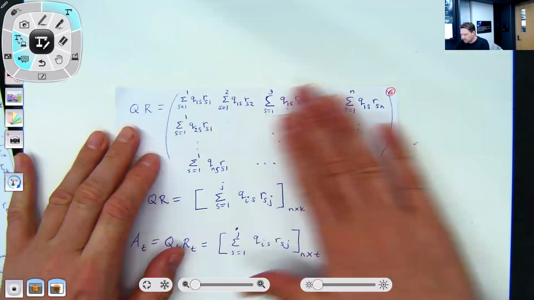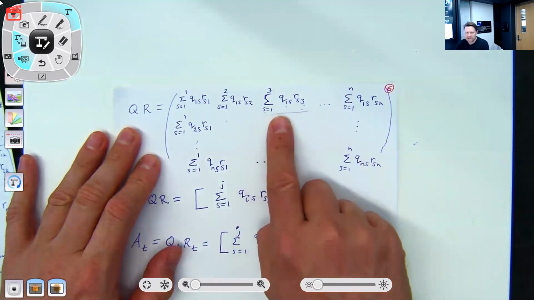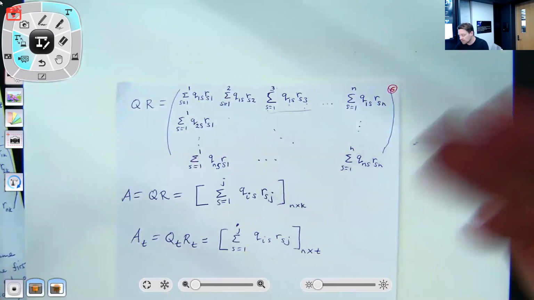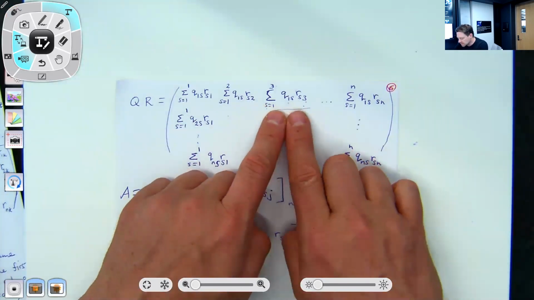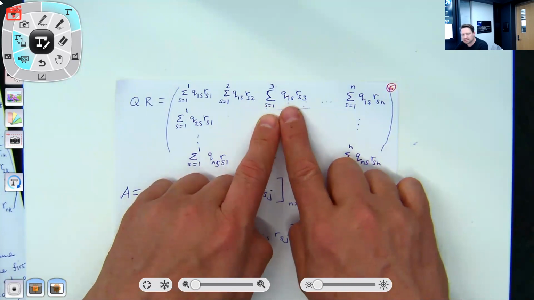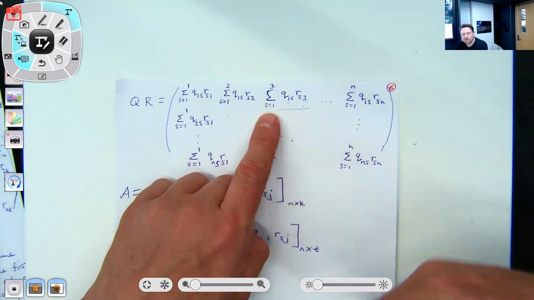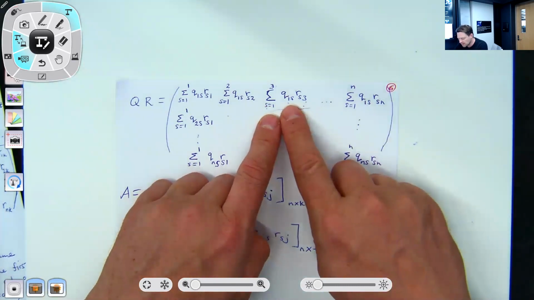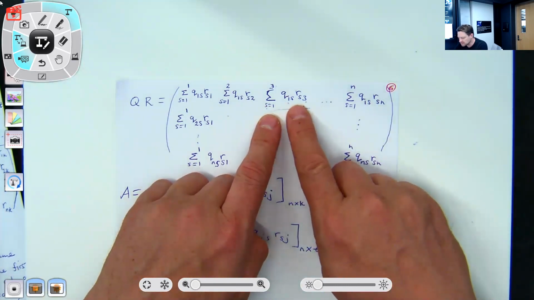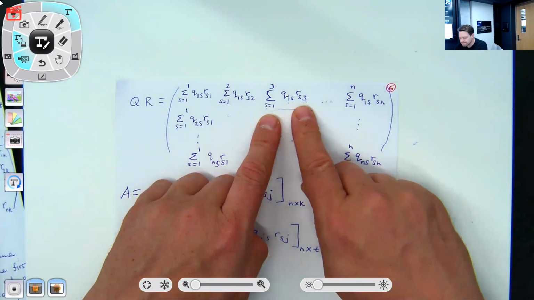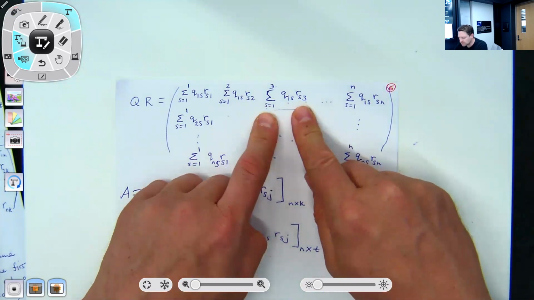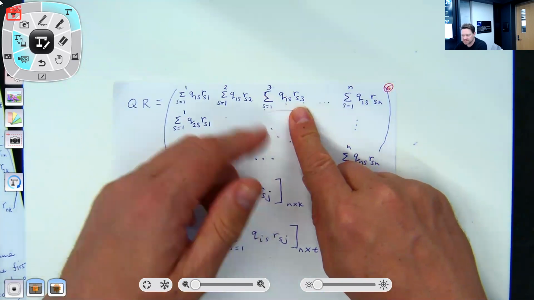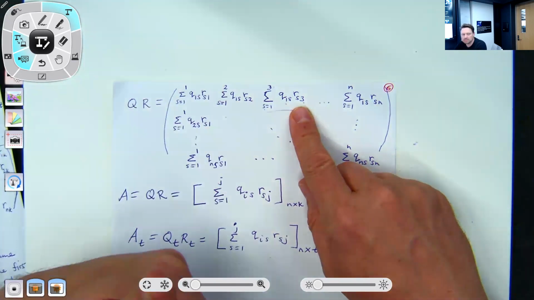And carrying on, this entry here of all of Q times all of R, it's just the sum of 3 things this time, right? Because of the zeros below the main diagonal. So I have Q1S times RS3, and I'm summing as S goes from 1 to 3, but I can stop at 3 here because of the zeros below the main diagonal, all right?